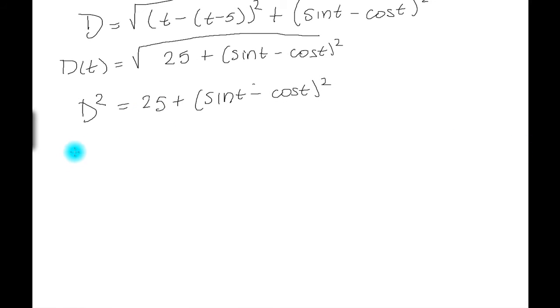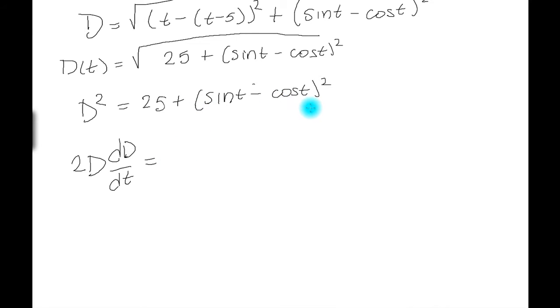Now, if we take the derivative of both sides, on the left, by implicit differentiation, we get 2d times dd/dt equals what? Well, the derivative of 25 is 0.